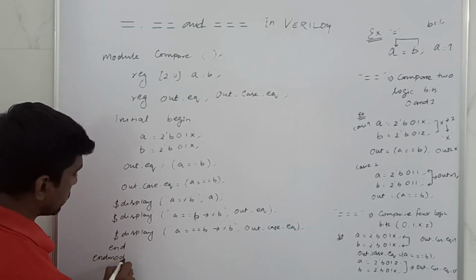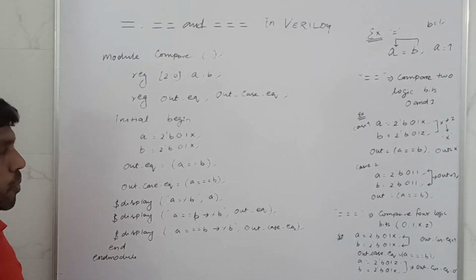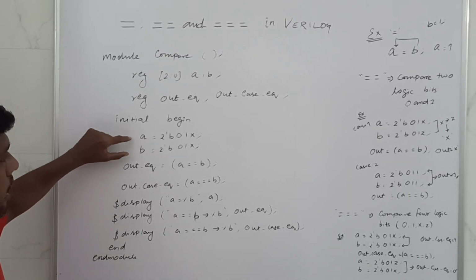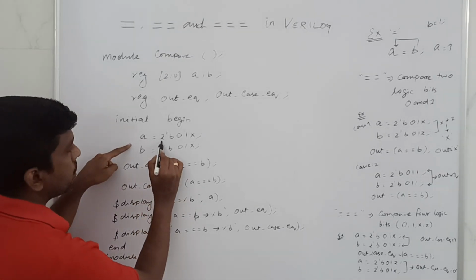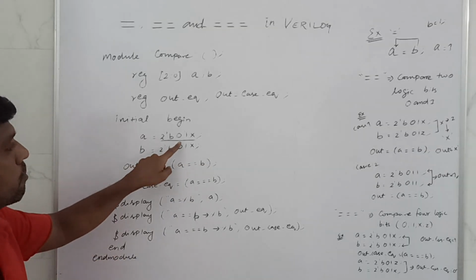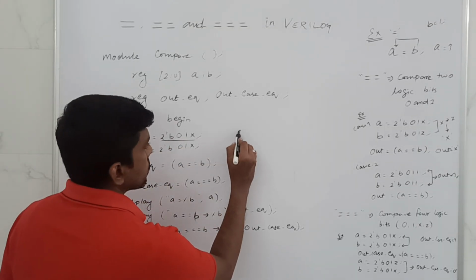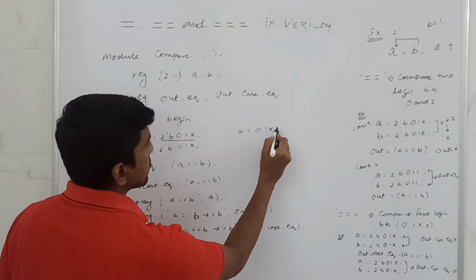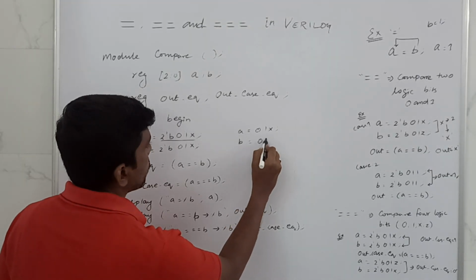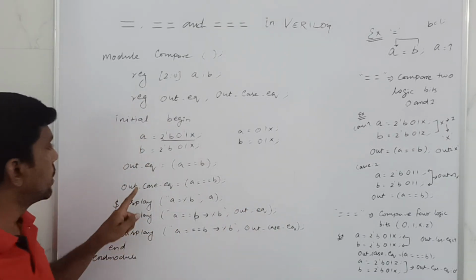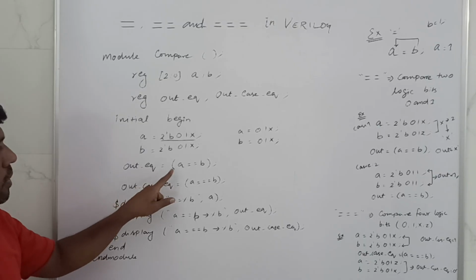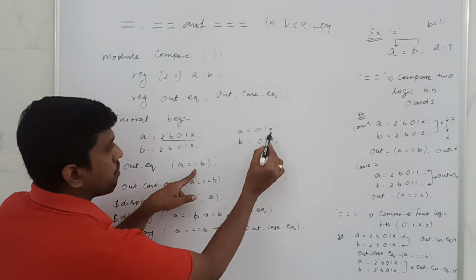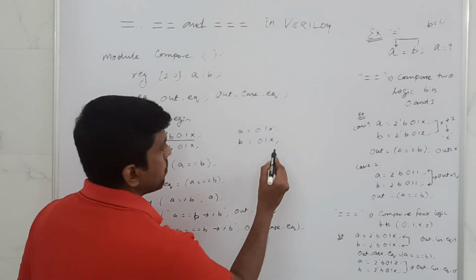Then endmodule. So in this program I am taking two variables a and b. The a variable is assigned 2'b01x, and the b value is also 01x. So here out_equality = a == b, just comparing these two variable values.